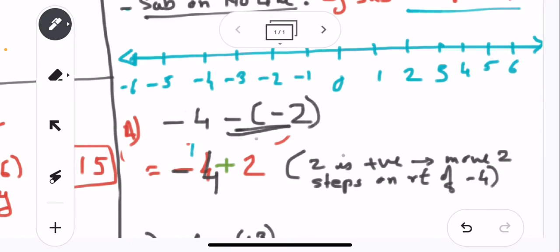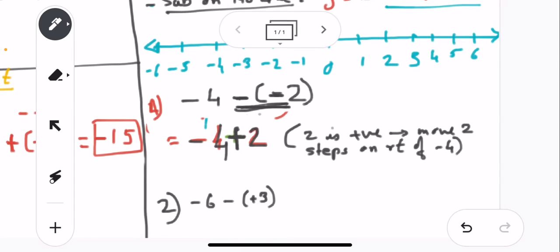Now this minus sign will become plus. This minus 2, and the minus sign outside, this negative 2 will become positive, so I'll write plus 2. So now it becomes minus 4 plus 2. Now two different signs, so I'll do the subtraction 2 and the sign of the bigger number. So the answer is minus 2.